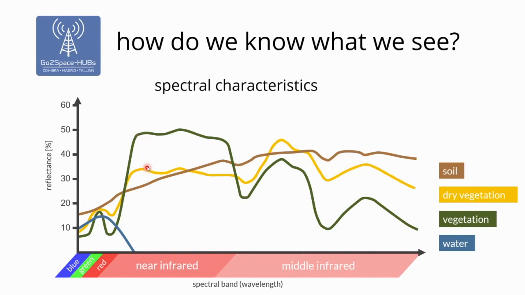What is also important here, for example, in this near infrared part, we can see here dry vegetation. So it will be yellow in reality, but what's important, it's much darker here in near infrared. And what's very interesting, this near infrared is very useful for evaluation of condition of vegetation, because this part of the spectrum responds very quickly to changes in condition of vegetation.